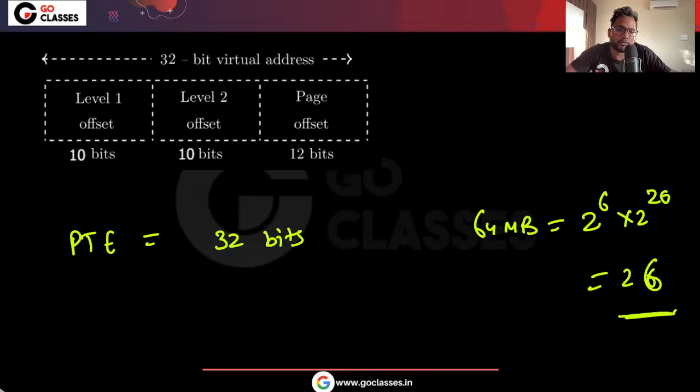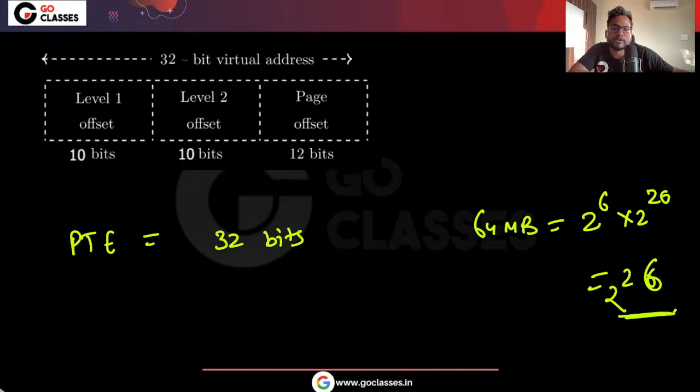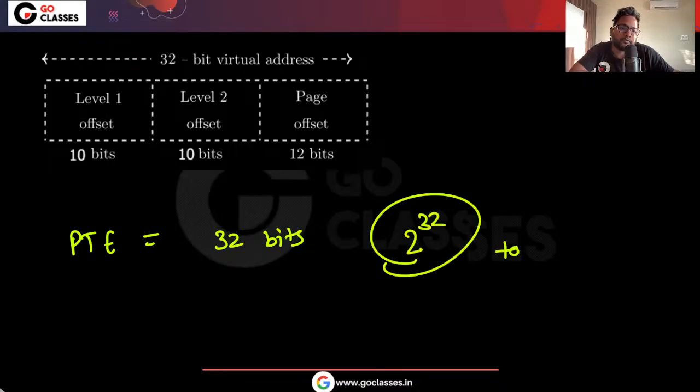This is what is actually used. The virtual address space is given to me as a 32-bit address space, so from it we can find out the page offset. 2 power 32 is the total virtual address space, and out of that they are using only 2 power 26 bytes.